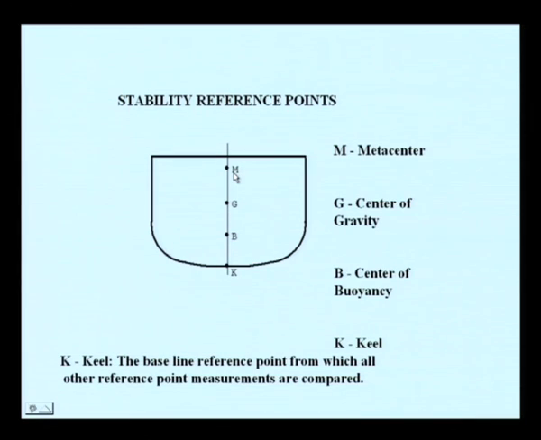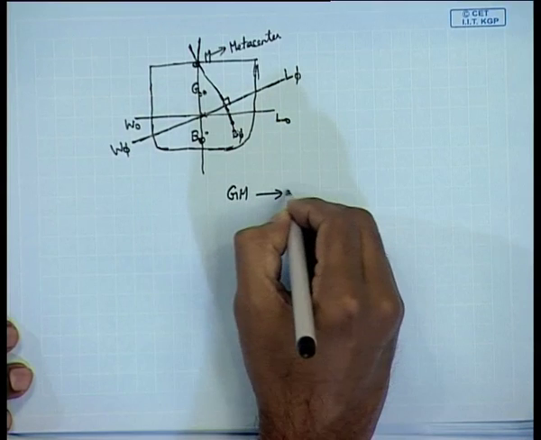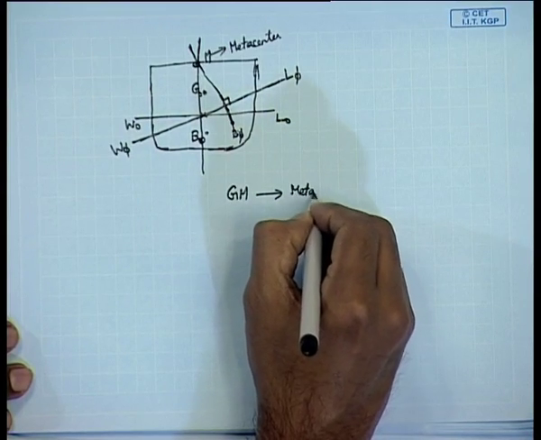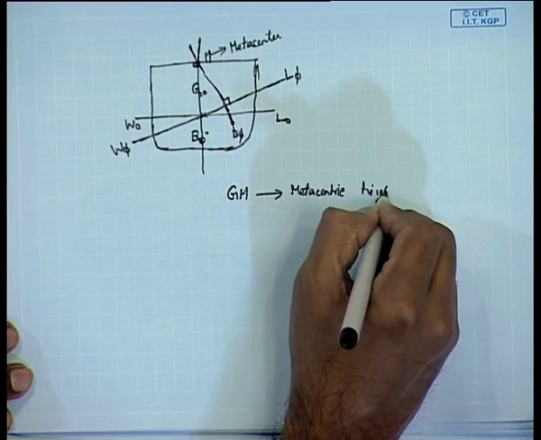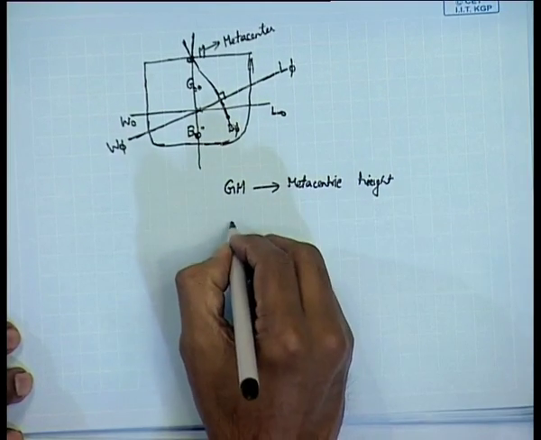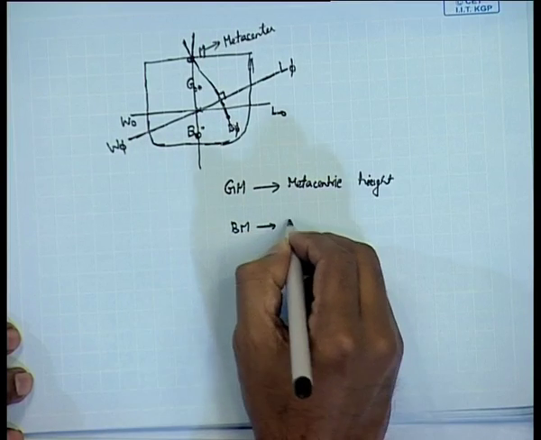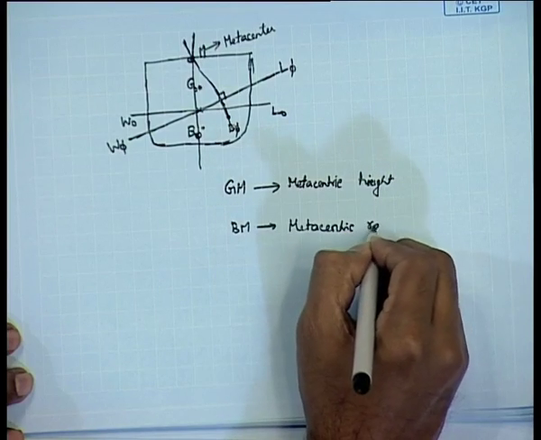For example, there are two things, one is called GM, which is known as the metacentric height, and then BM, which is known as the metacentric radius.